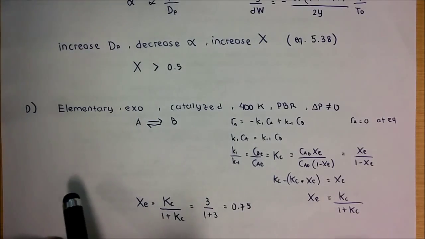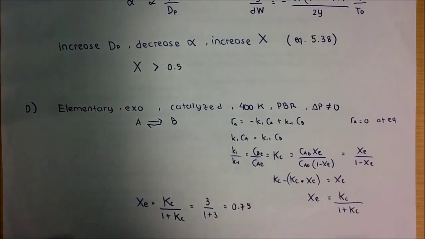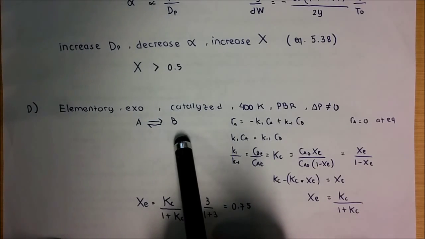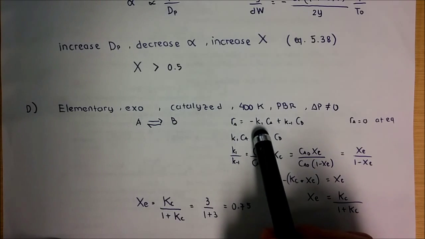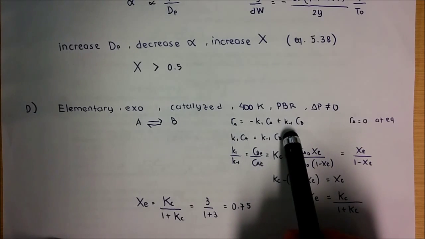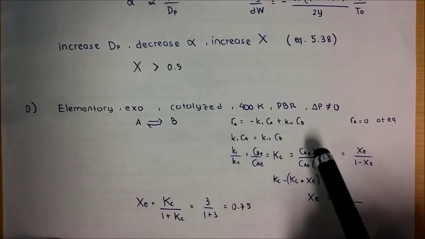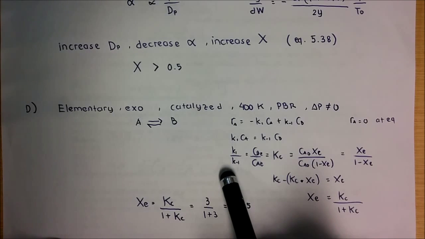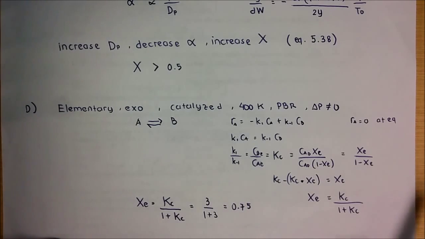In order to solve this question, we need to derive the rate law of this reaction. So we have the reversible reaction A goes to B, and the rate law is equal to minus k1 times Ca plus k negative 1 times Cb. And we know that at equilibrium condition, Kc is equal to Cb at equilibrium over Ca at equilibrium.